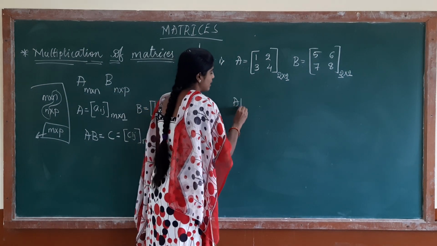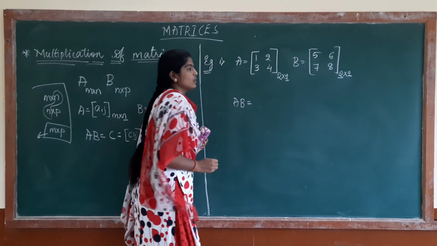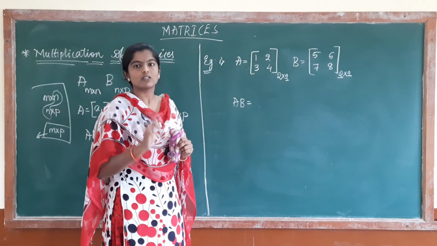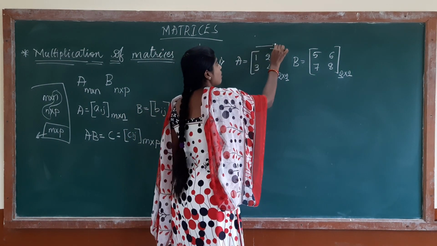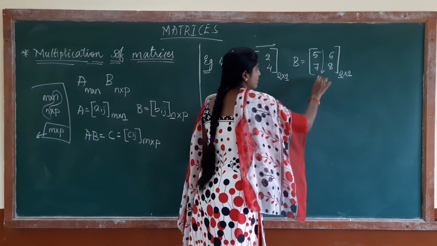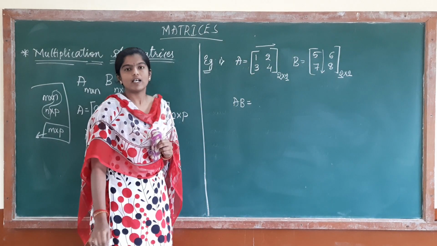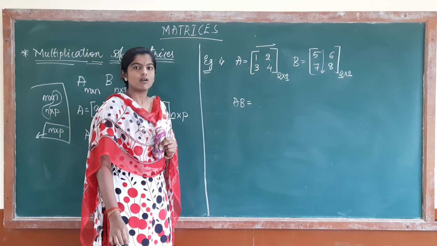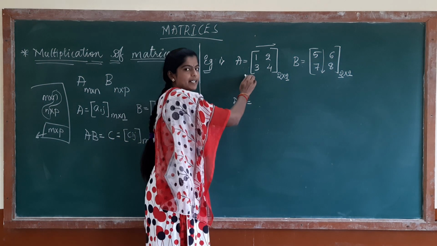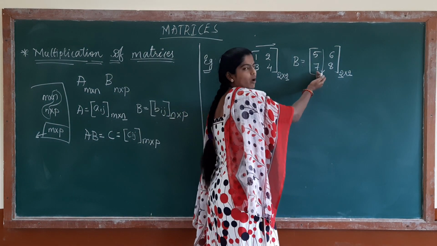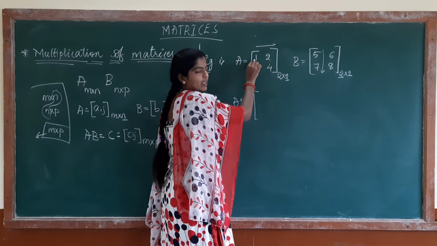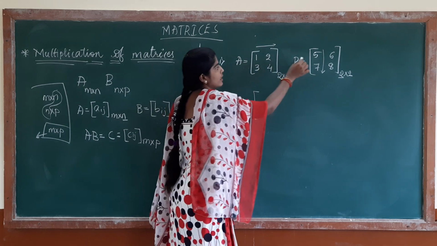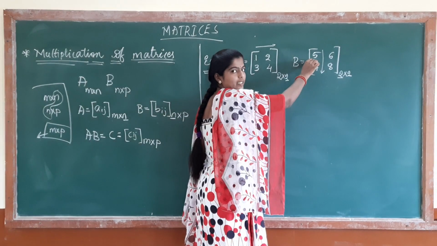Then multiplication is possible. So, multiplication rules. We have to multiply each element of the first row of matrix A with the first column of matrix B. In the first row, the first element is 1, and in matrix B, the first element of the first column is 5.